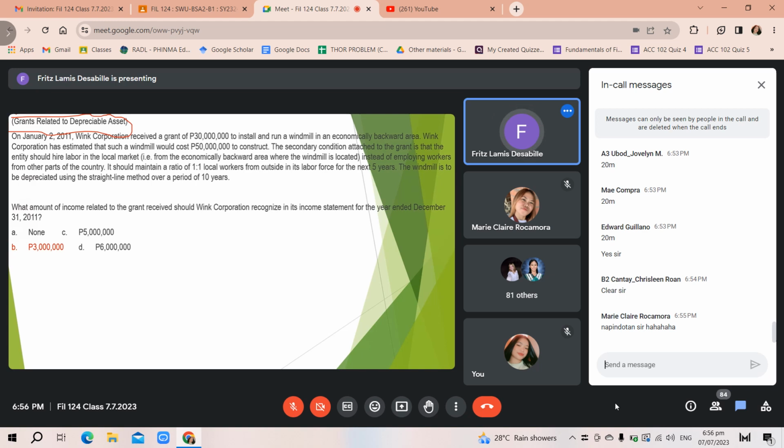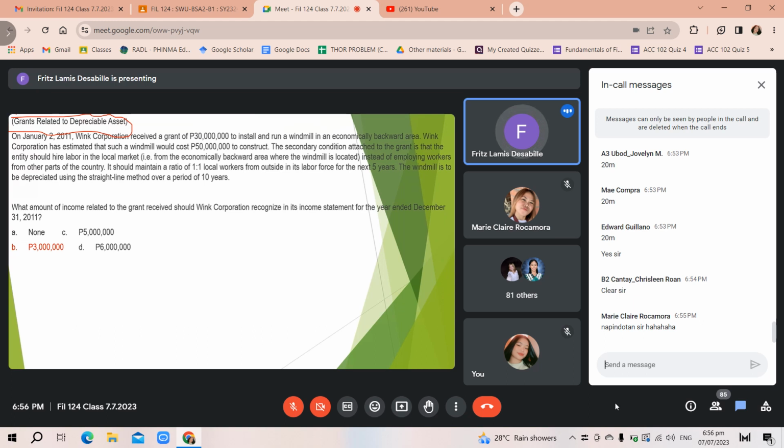Wink Corporation has estimated that such a windmill would cost 50 million to construct. So ang cost nato to construct the windmill is 50 million. And we received 30 million, sorry.